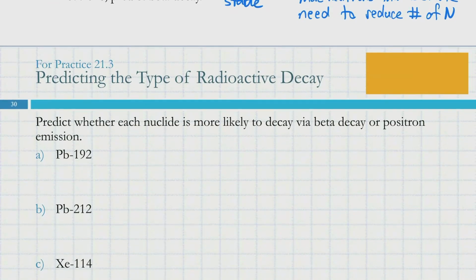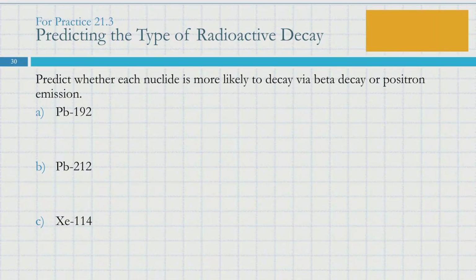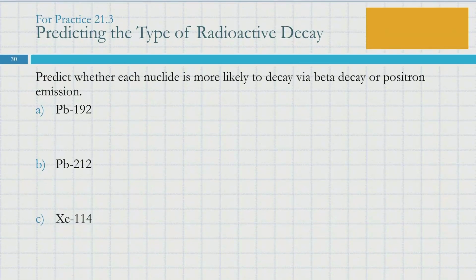Okay, let's predict the type of radioactive decay for each of these. We've got lead-192, lead-212, xenon-114. So for lead-192, our lead atomic mass from the periodic table is 207.2.